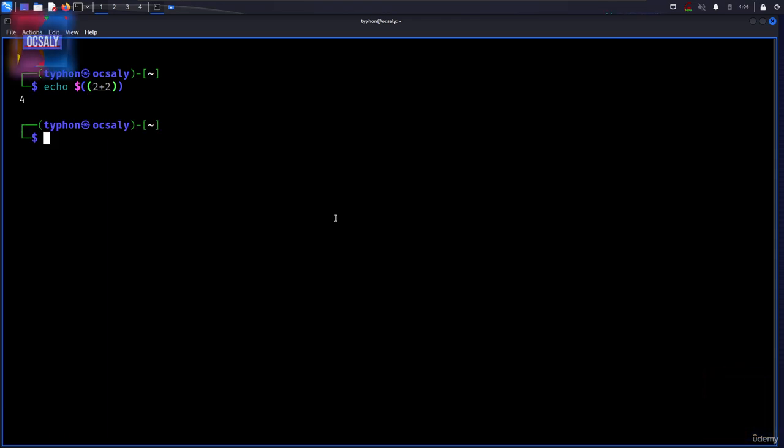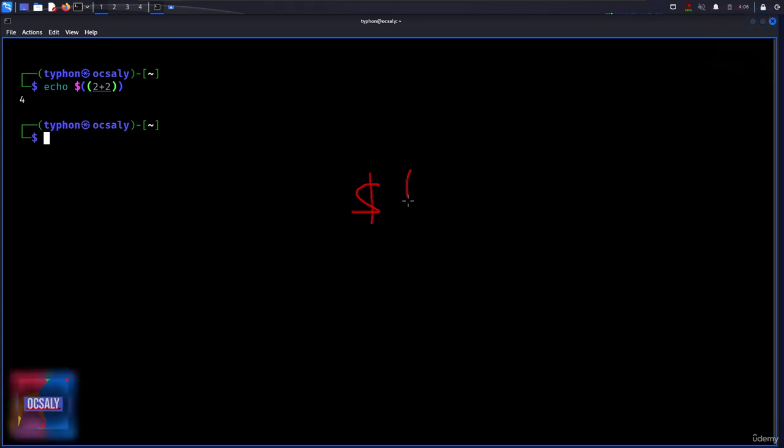So arithmetic expansions can be used like this. For example, you will use the expansion, the $ sign, and after that, 2 braces here, and you write your expression here.